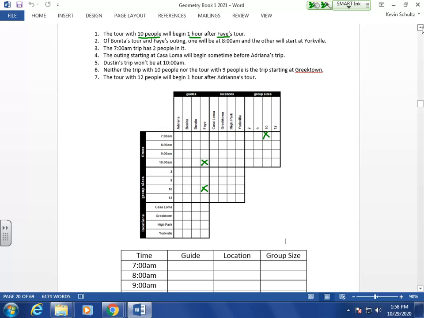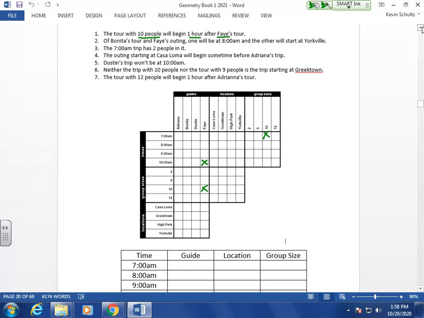So why? I eliminated 10 a.m. with Faye because Faye's tour is not the last tour of the day. And I eliminated Faye as a tour of 10 people because the 10-person tour comes after Faye's.